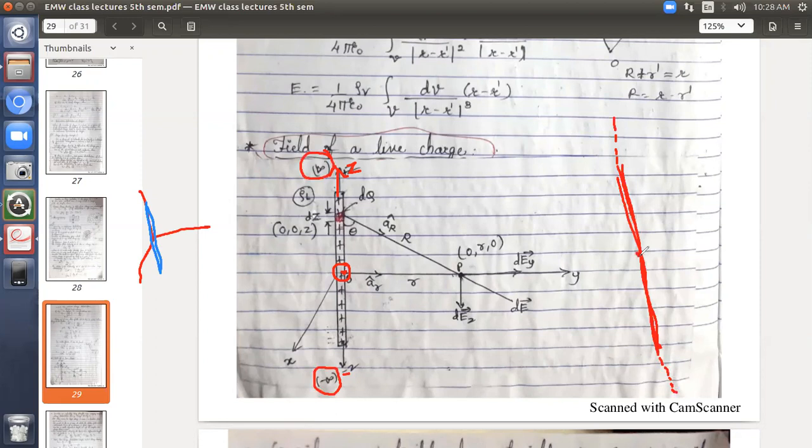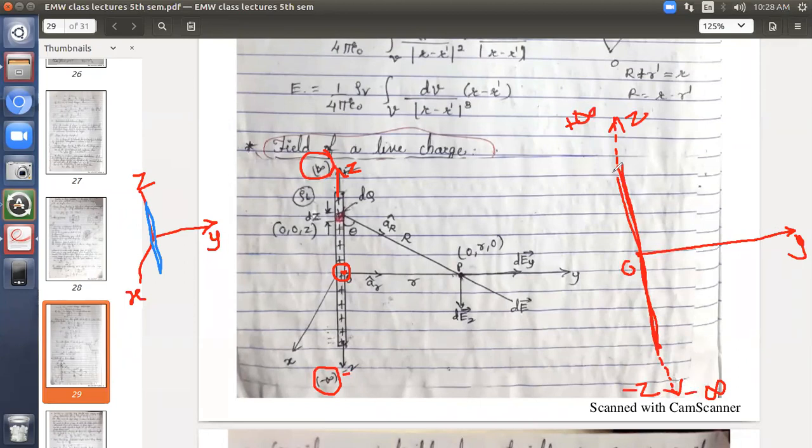If this is your center point O, according to this three-dimensional figure, this is your y-axis, this is your z-axis, this is your x-axis. Let me draw it one more time here. This is your y, this axis is z, that is extending towards positive infinity, and this below it is negative z, tending towards negative infinity.